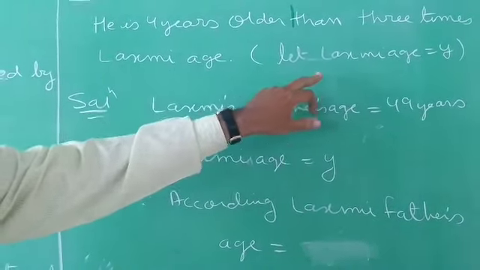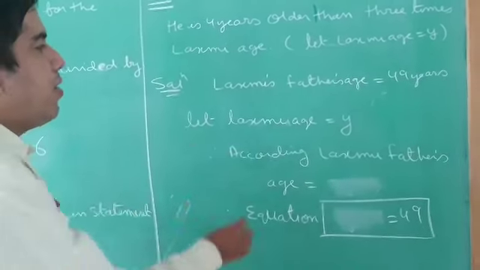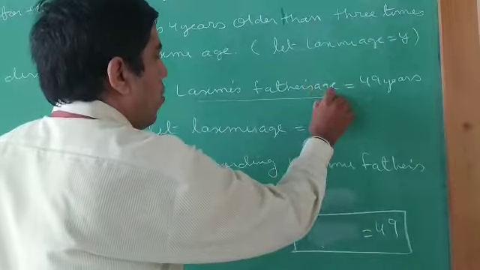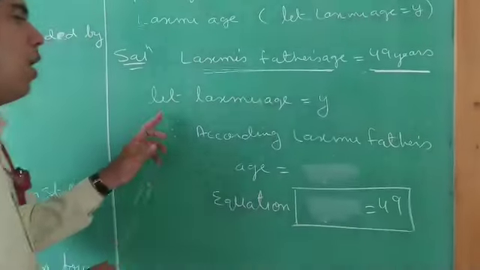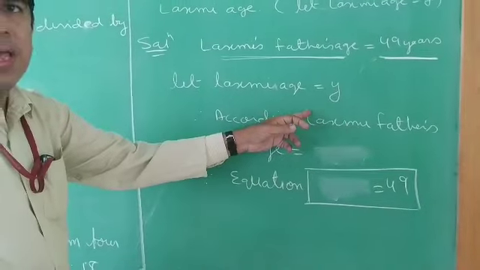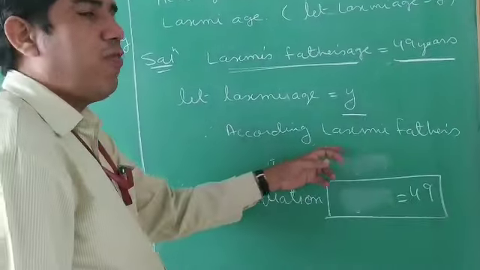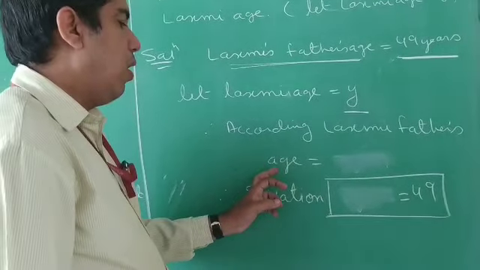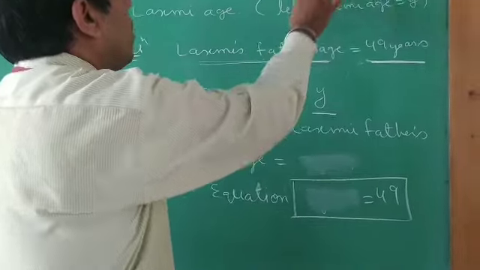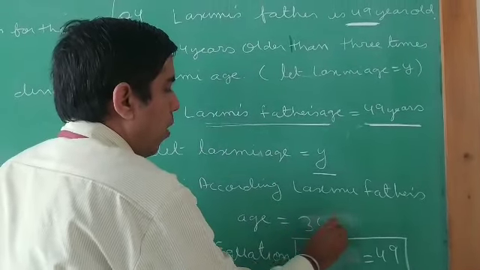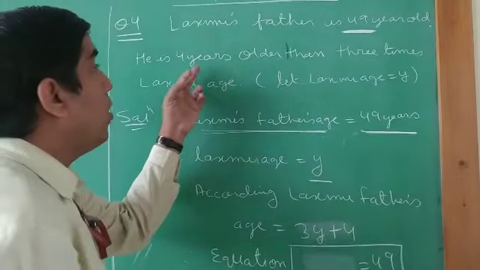Now Lakshmi's age is y. Let Lakshmi's age be y. Lakshmi's father's age is given as 49 years. Now according to the question, Lakshmi's father's age will be, you can see here, 3 times, so 3y, plus 4, since he is 4 years older.